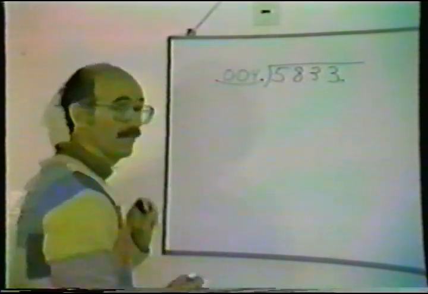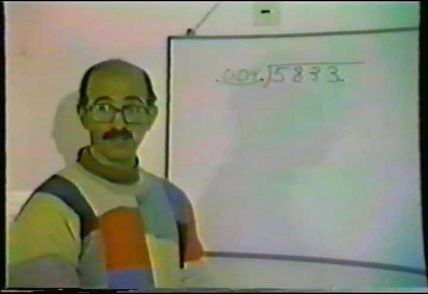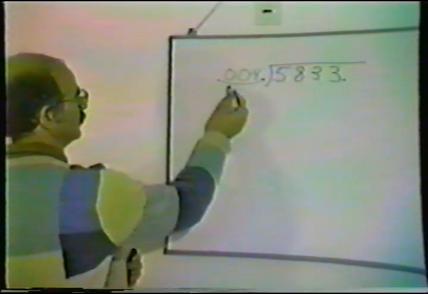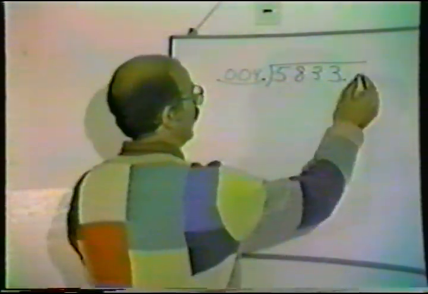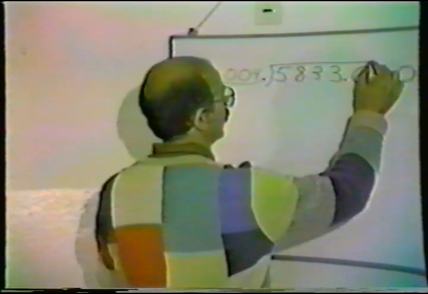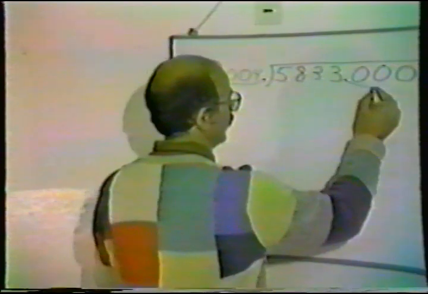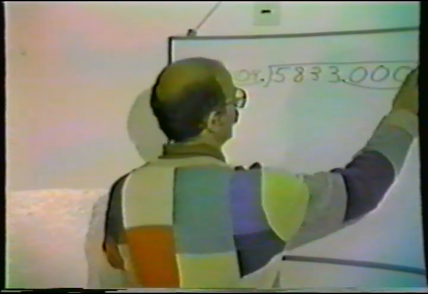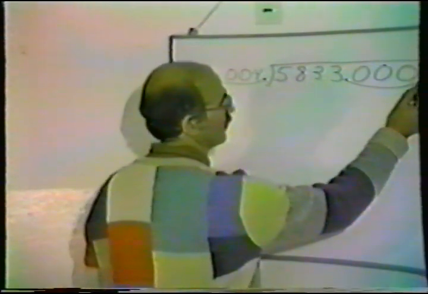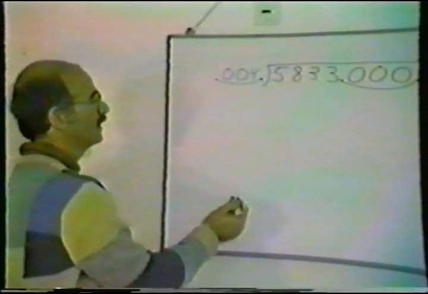And now that I've put it there, what am I going to do with it? Put it 3 spaces to the right. I have to move it 3 spaces to the right before I can put it up. So this is where the decimal point will be in the answer.